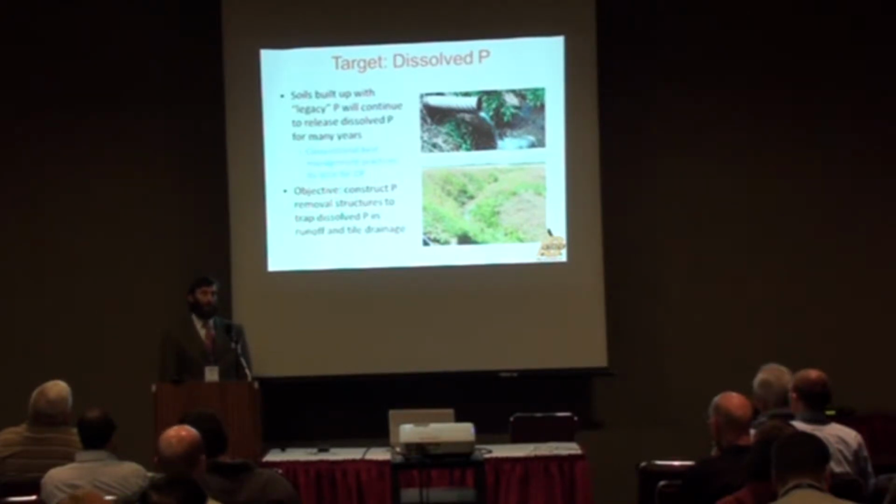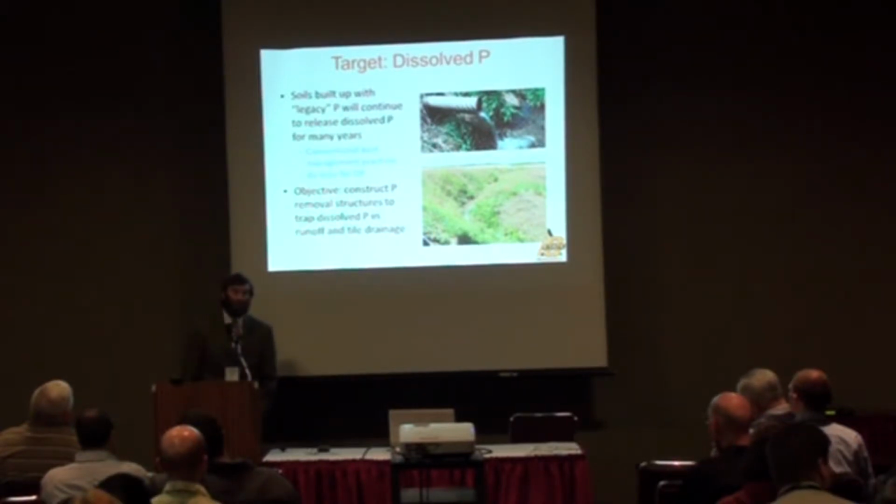But the long-term problem is mostly from soils that have been built up in phosphorus over many years, and they stay at a very high level for a long time. We call this legacy phosphorus. I'll show you an example of that in the next slide.